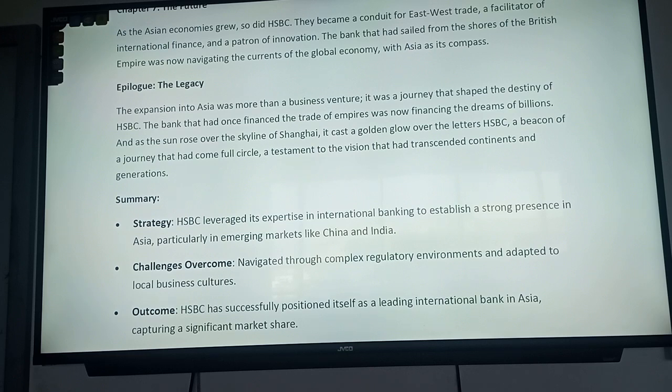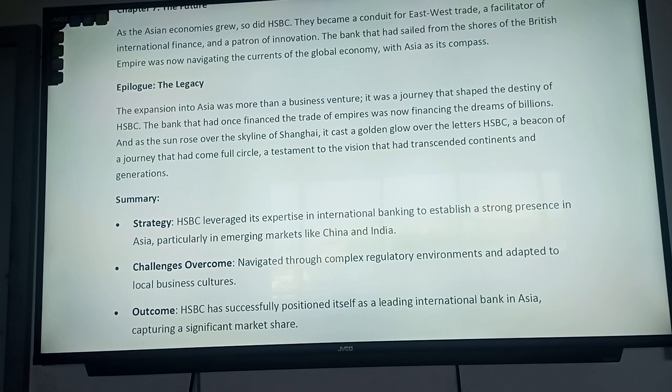HSBC tried to expand their business in the Asian market. They leveraged their expertise in international banking to establish a strong presence in Asia, particularly in emerging markets like China and India. The challenges they faced were the very complex regulatory environments, and from the UK to the US, the cultural barriers are quite different in China and India.